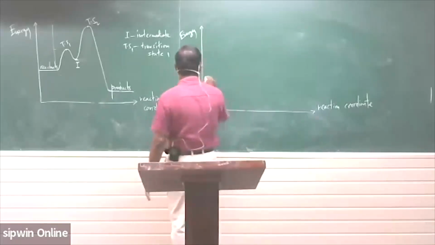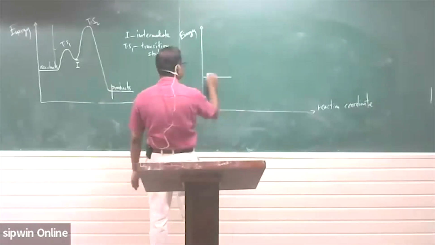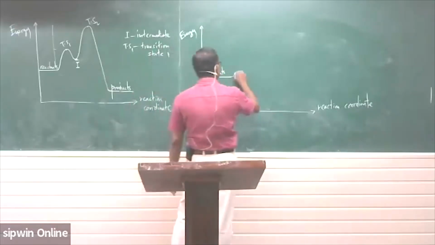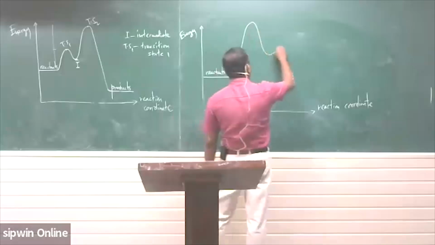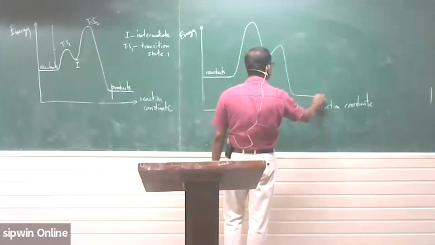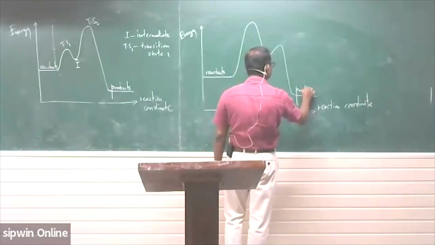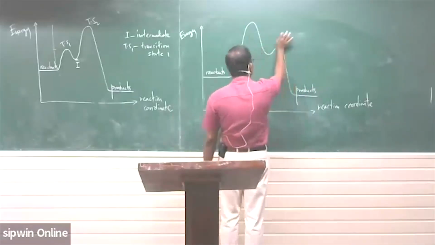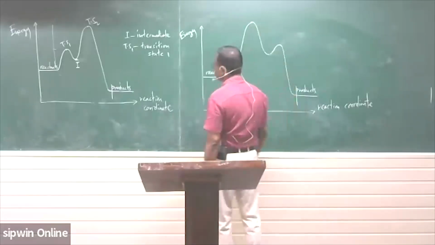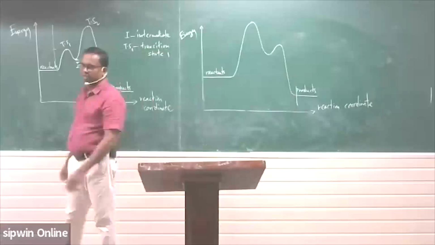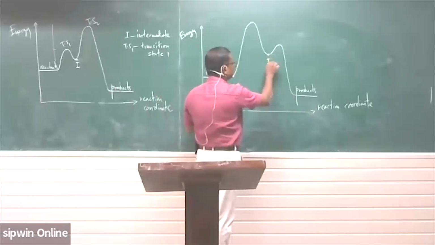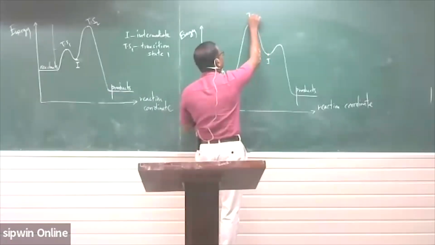මෙතනට එන්න. Again, reactants. First barrier is large, second one is a small one. And come to the products. තොරතුරු ටික එහෙම මාක් කරන්න. Intermediate here. This is TS1.